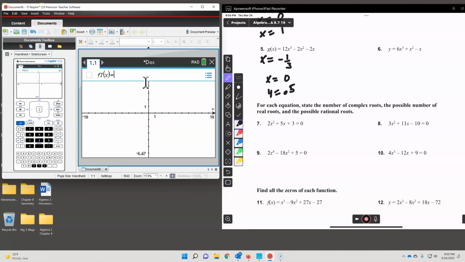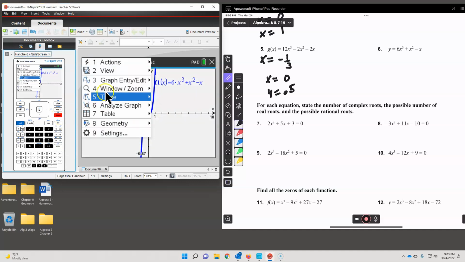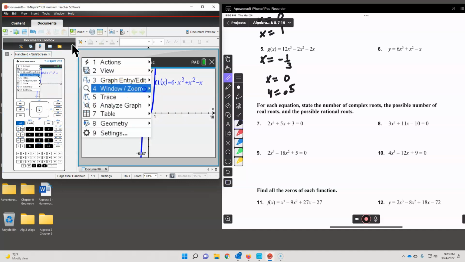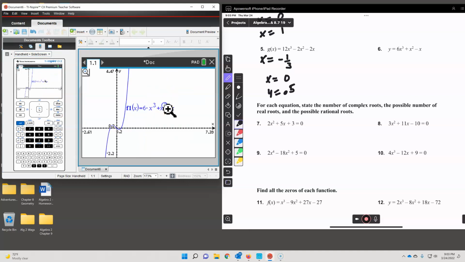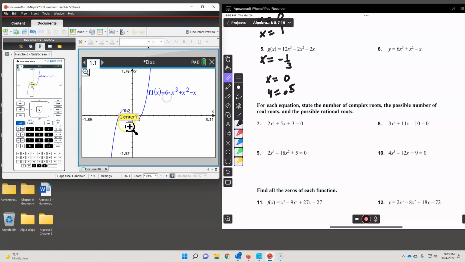Go to graphs, and you're going to type in 6x cubed plus x squared minus x, and then you're going to press enter. Now, I'm not going to do anything else. You know that you have to zoom in, go to menu, go to zoom in, and these are all skills that you have to practice with your calculator. And then you can see the 3 roots, so you're going to have to figure that on your own, okay?